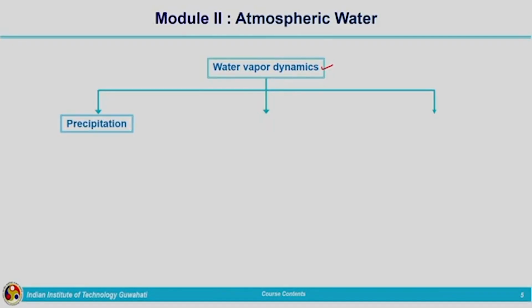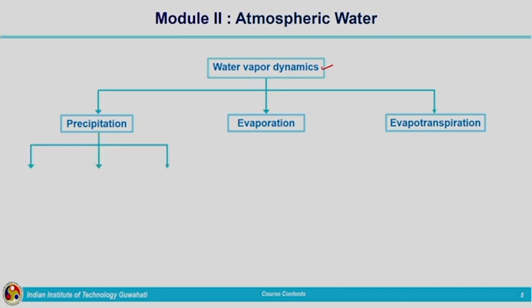Once we get a fairly good idea about water vapor dynamics, we will move on to different processes such as precipitation, evaporation and evapotranspiration. Under precipitation, we will see different types of precipitation. After that, our main concentration will be on rainfall.